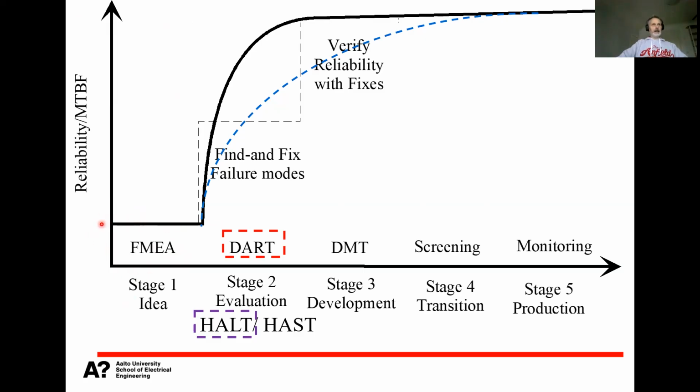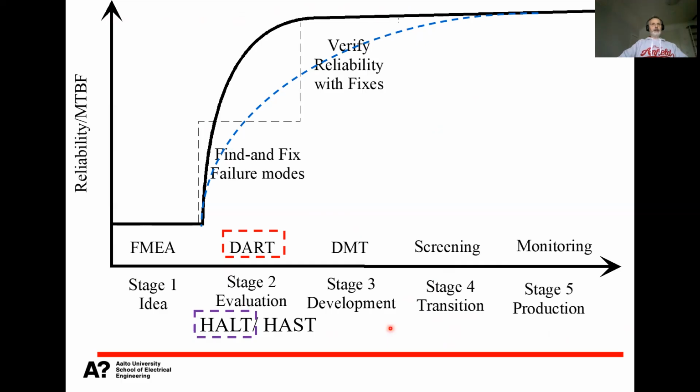Then we have our starting point here, and we know where our target is, and then we start the testing. With the testing, we want to make sure that when we start moving our new design into mass production, the reliability target has been met.